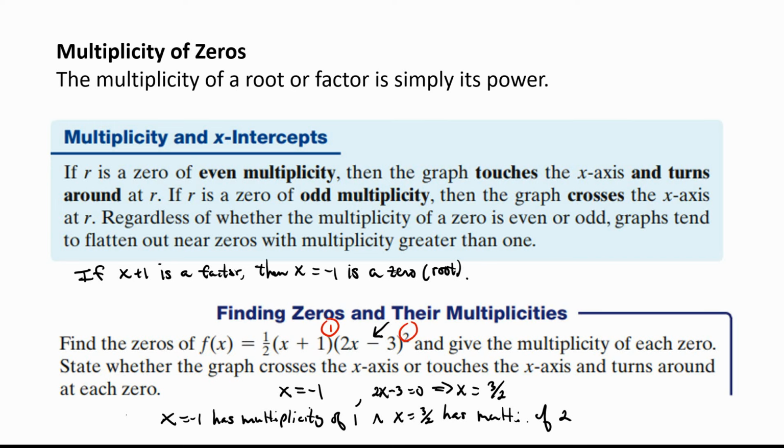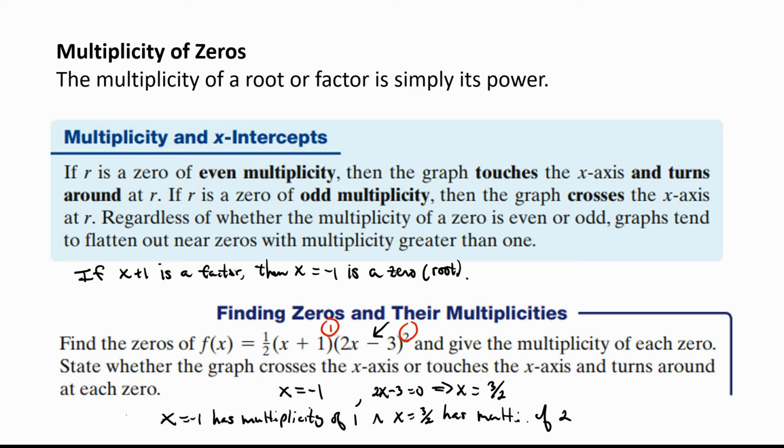If R is a zero, that is the x-intercept, of odd multiplicity, that is the power of 1, 3, or 5, then the graph crosses the x-axis at R. It doesn't make any turns, it just keeps on going, with a little wiggling.